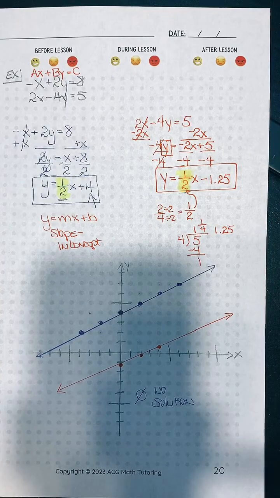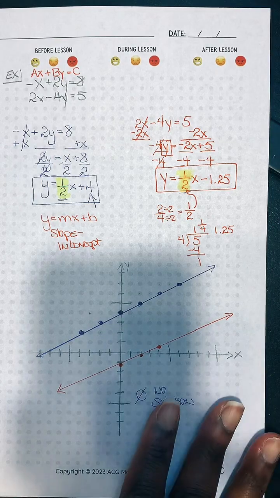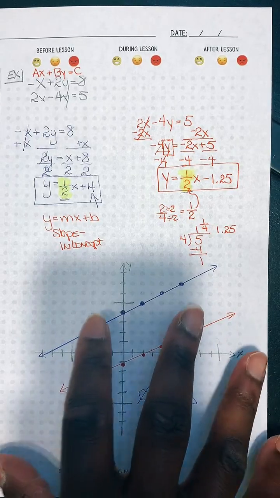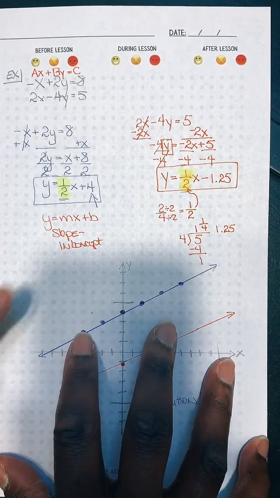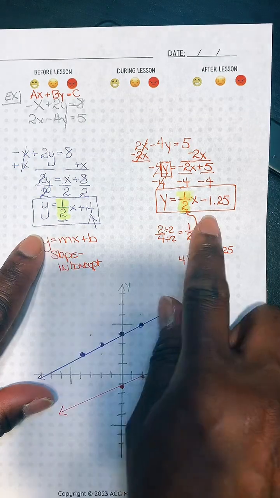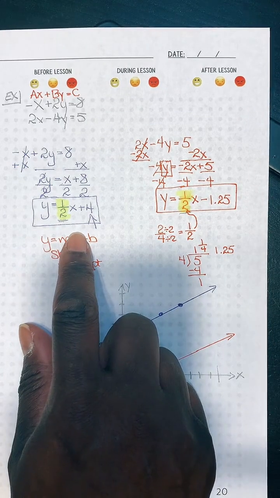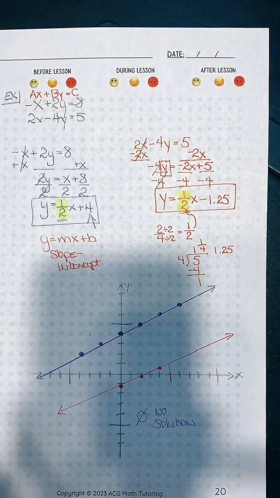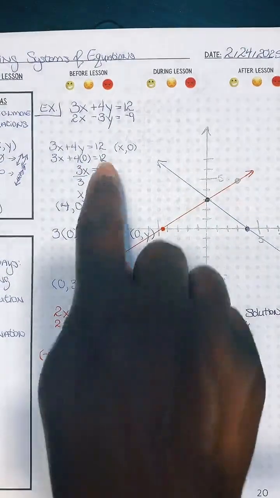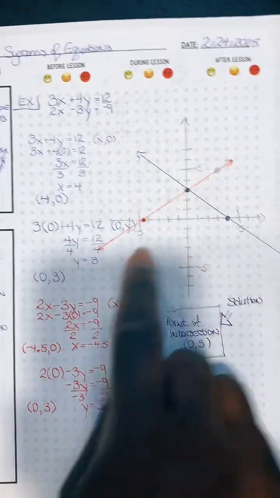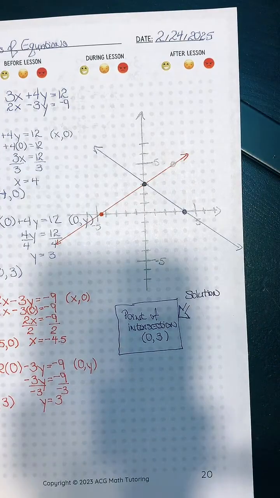There's a possibility of seeing it in maybe AP. All right. So this is how you graph a system of equations. You can either use the equations of y equals mx plus b, or you can find the x and y intercepts and then graph.